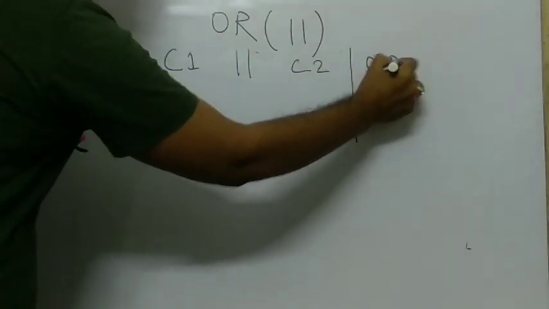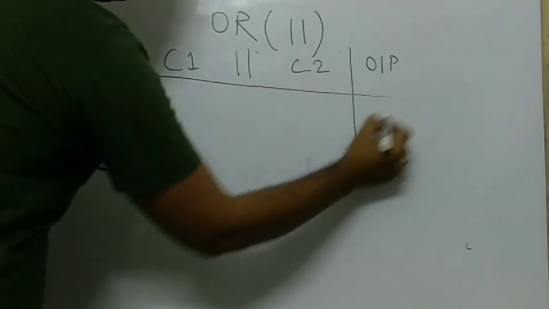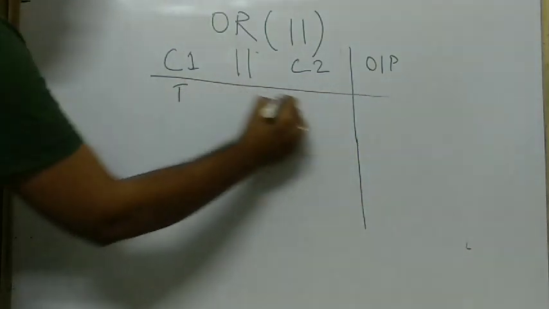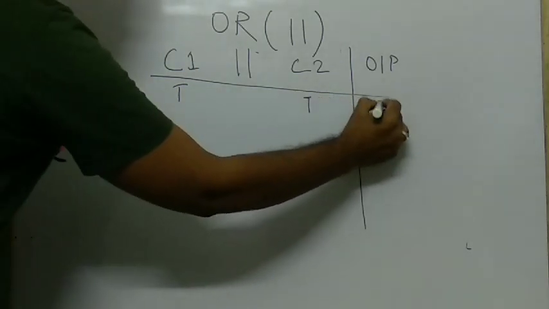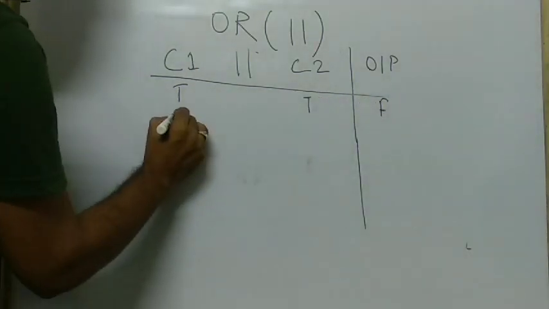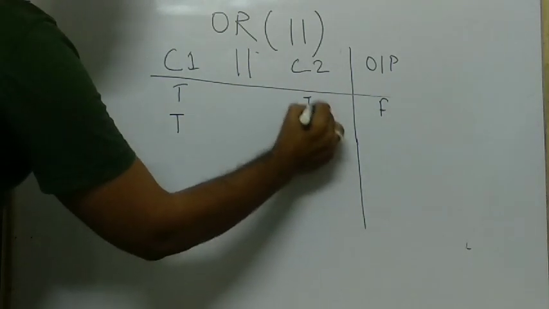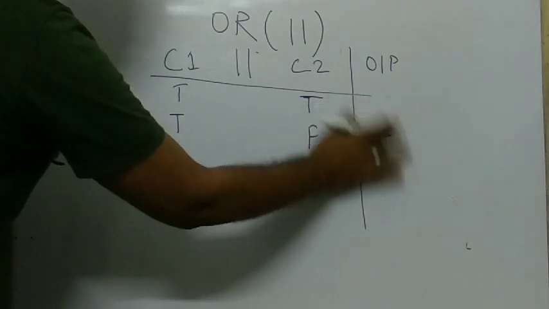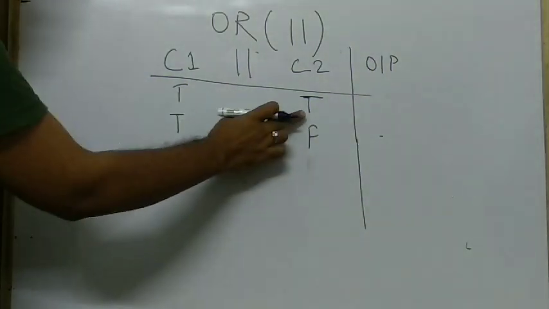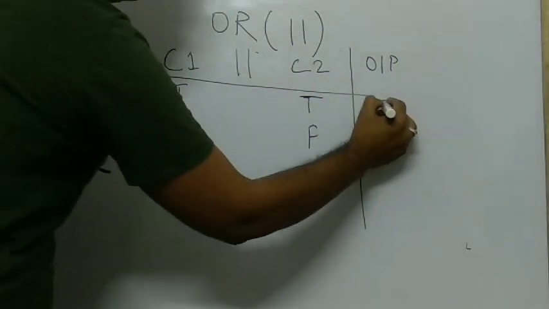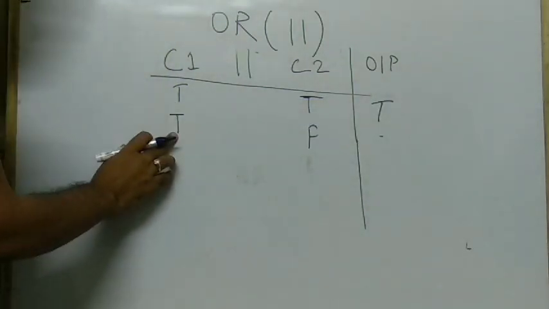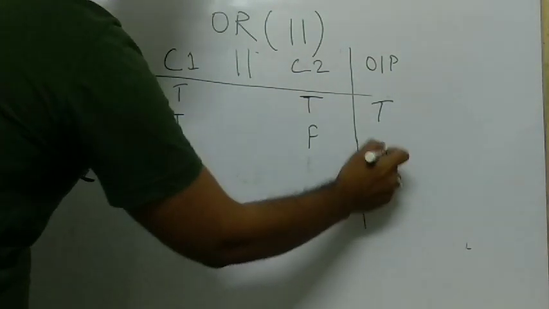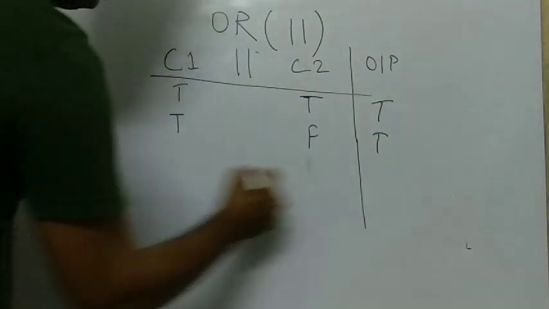If the first one is true and the second one is true, then the output is true. If the first one is true and the second one is false, then the output is true.